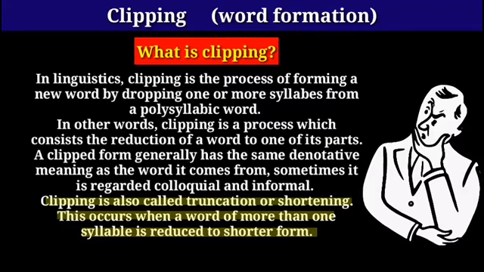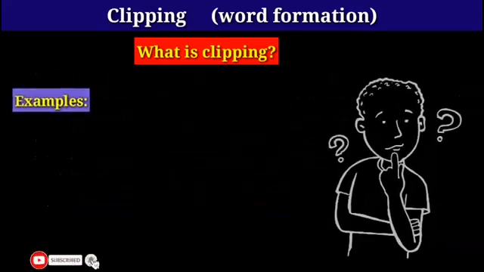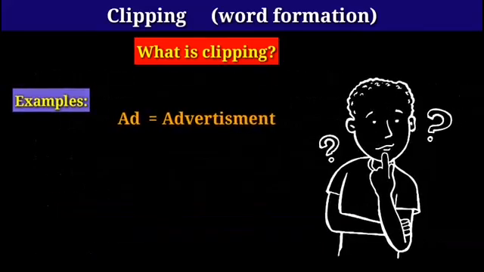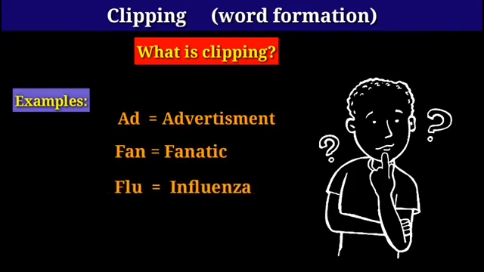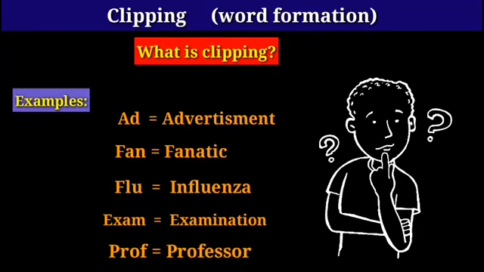Let's study more and more about clipping to understand. For example, ad for advertisement, fan for fanatic, flu for influenza, exam for examination, prof for professor. So ad, fan, flu, exam, prof are clipped words.